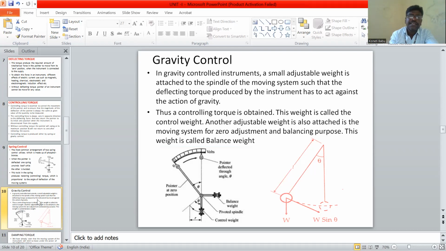This weight is called the control weight. Another adjustable weight is also attached to the spindle for zero adjustment. That is the balance weight, also shown in this figure. This can be used in the vertical position only, due to the use of the gravitational weight.